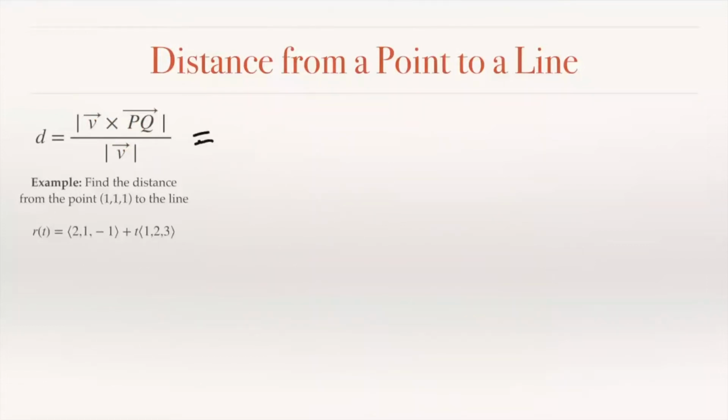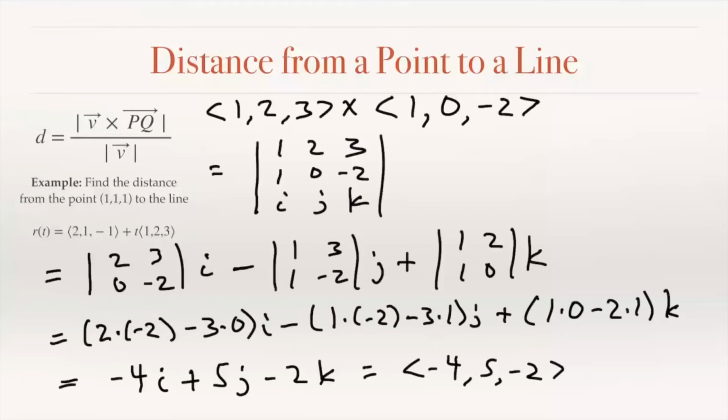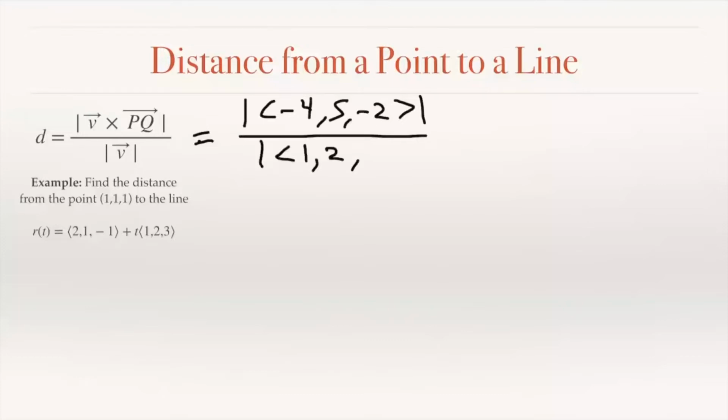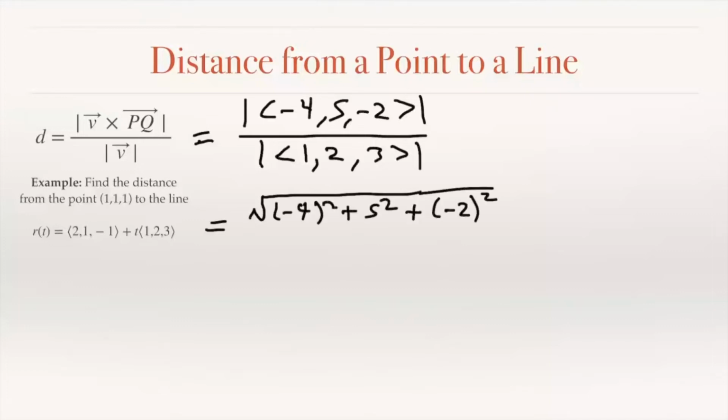So this is the magnitude of (-4, 5, -2) over the magnitude of (1, 2, 3). So that is the square root of (-4) squared plus 5 squared plus (-2) squared, all over the square root of 1 squared plus 2 squared plus 3 squared, which is the square root of 45 over the square root of 14.